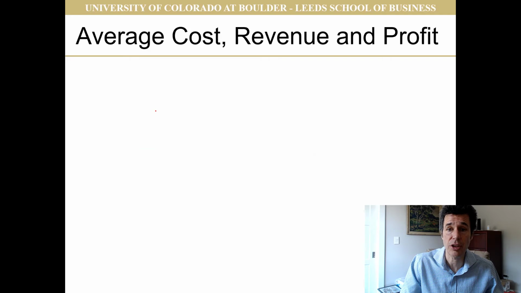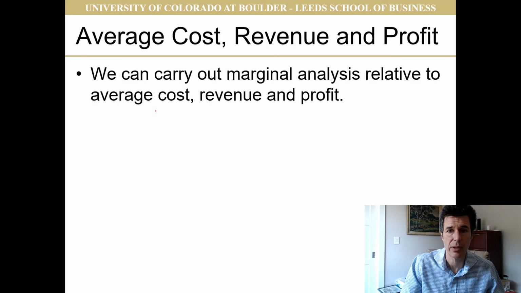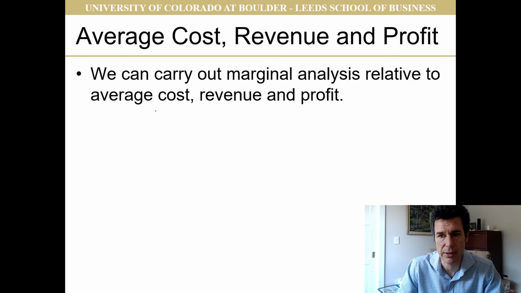Okay, average cost, revenue, and profit. So same kind of idea, but we're talking about average cost, revenue, and profits, and we have to be a little bit careful. We can carry out marginal analysis relative to average cost, revenue, and profit.